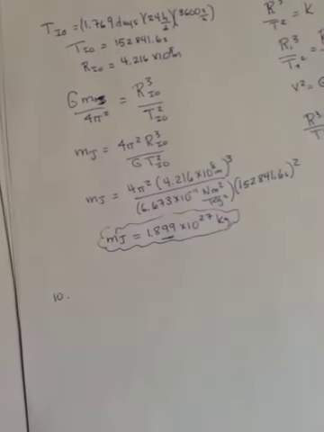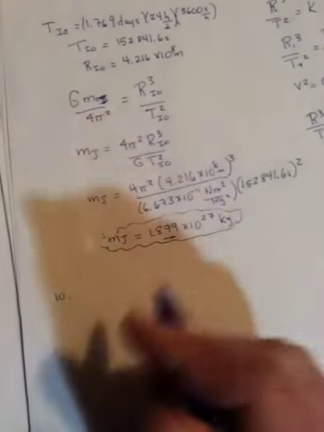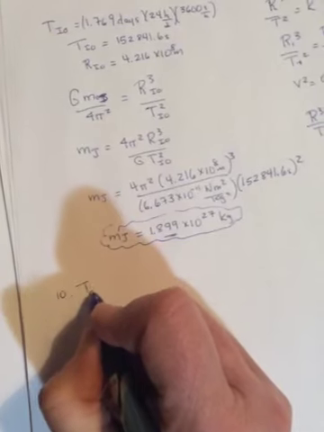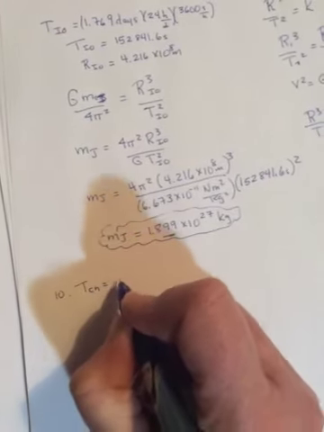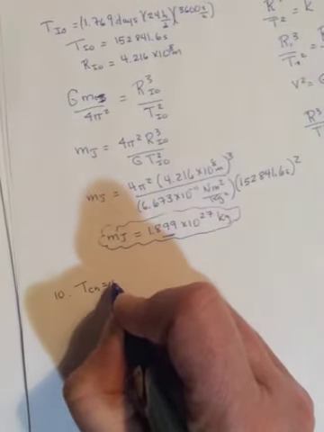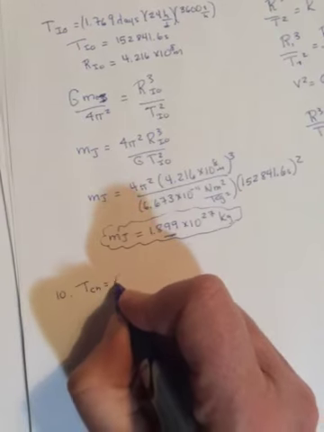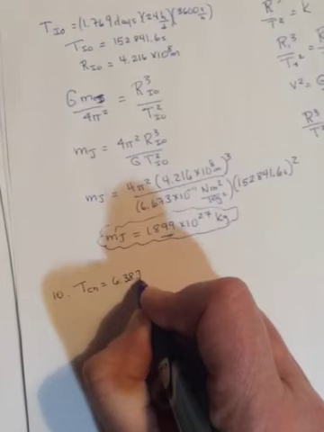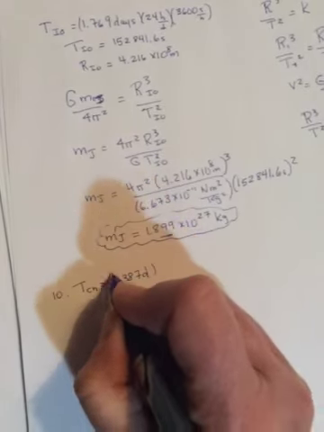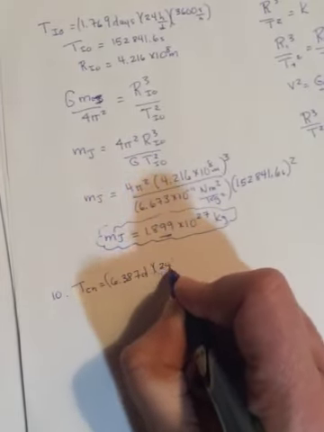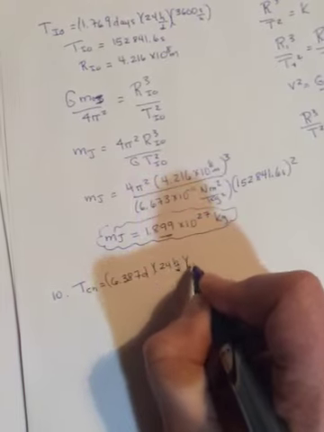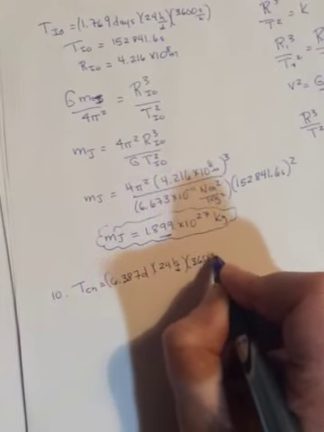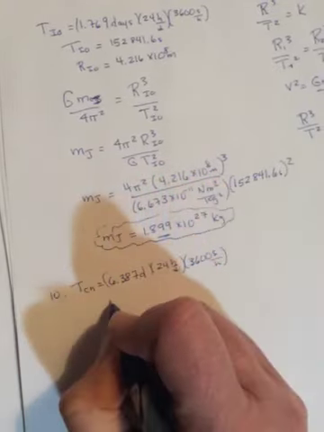Charon, the only known moon of the planet Pluto, has an orbital period. So again, it's giving us T, this time of the moon around Pluto. And it's 6.387 days. So again, you're going to need to multiply it by 24 hours per day and by 3,600 seconds per hour.